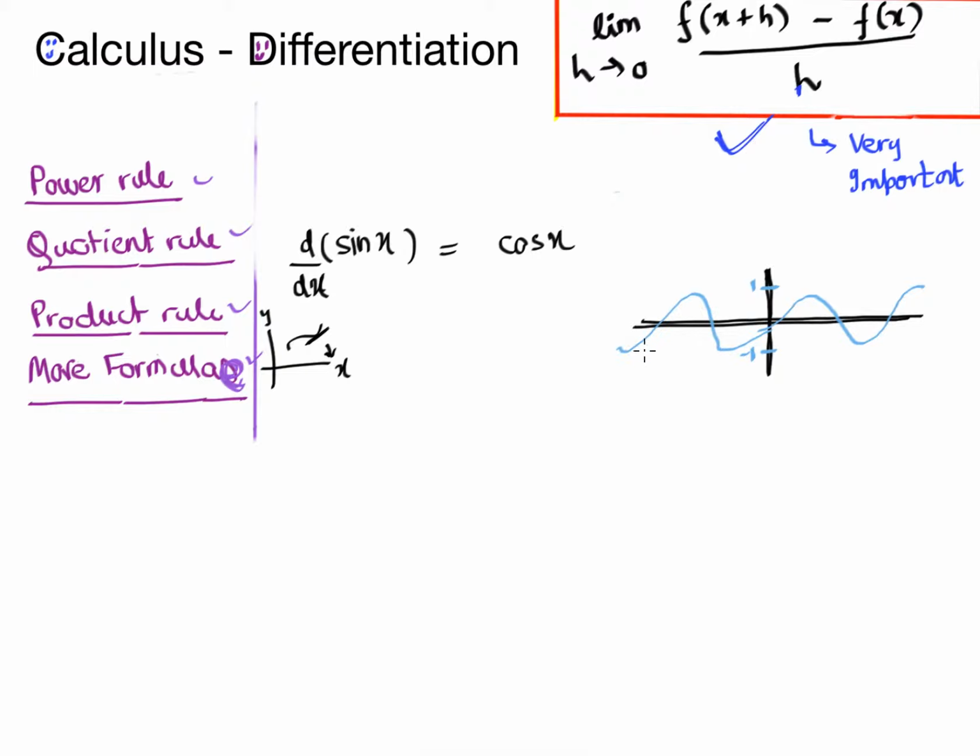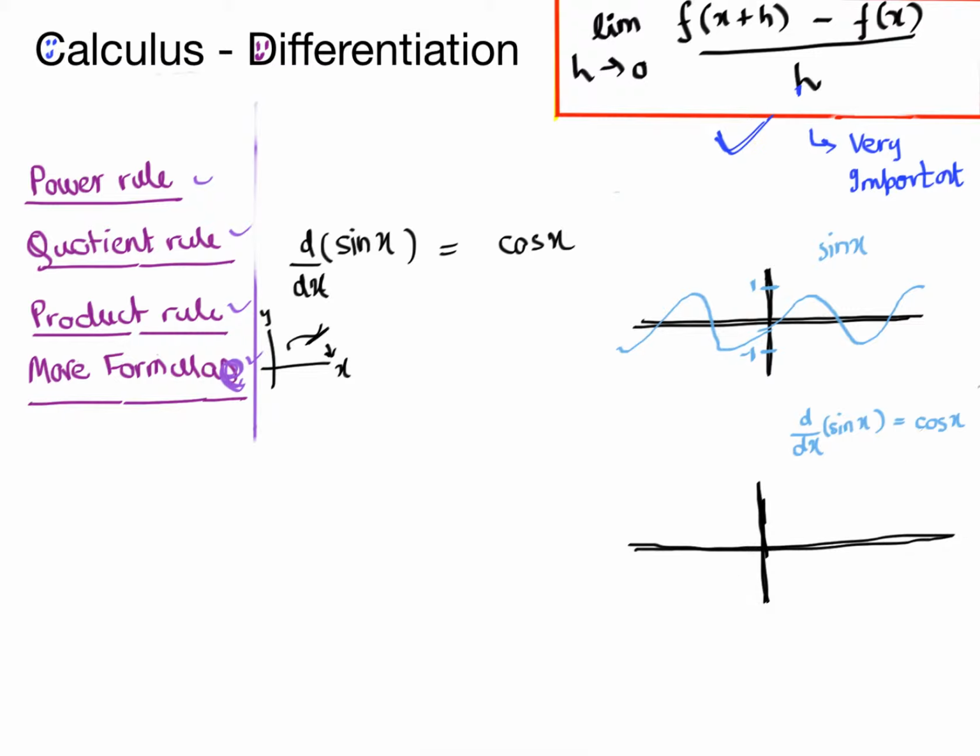The very cool part is that if you are to find the derivative of this function, so if this is sine x and we find d by dx of sine x, which is equal to cos of x, we essentially get the cos of x graph as the derivative. That's what it actually means.